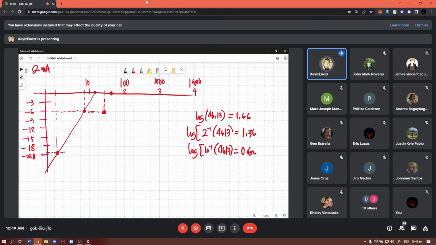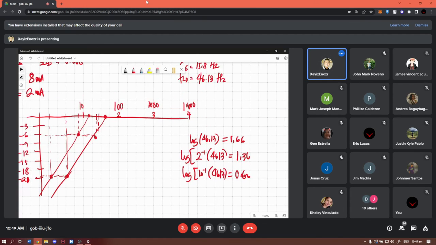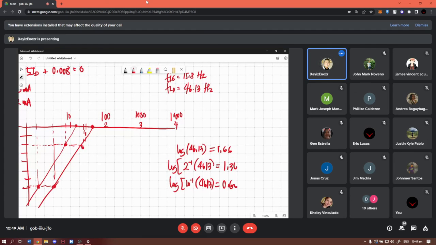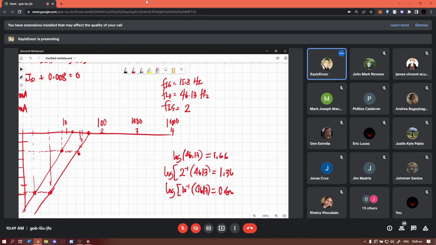So 0.66 is at the negative 20 dB point, here. Assuming it is here. Then lastly, FLS is 238.73 Hertz. This will be our low frequency response because this is the largest of the three.